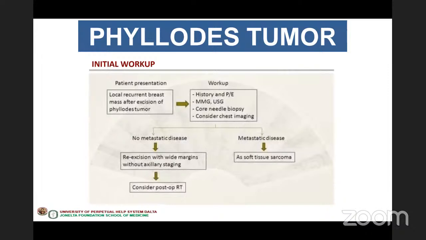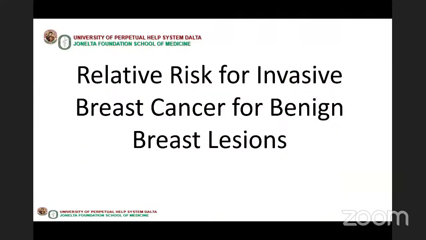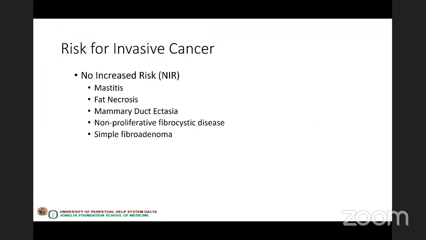Okay. For these benign breast lesions, there would be different relative risks for progressing into invasive breast cancer. So the following conditions would have no increased risk compared to the general population. This would be your mastitis, fat necrosis, mammary duct ectasia, non-proliferative fibrocystic disease, and simple fibroadenoma.